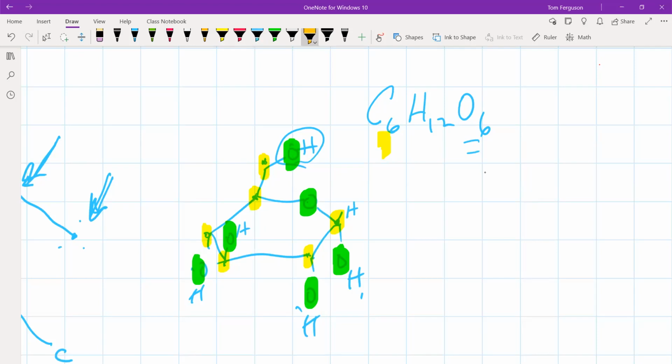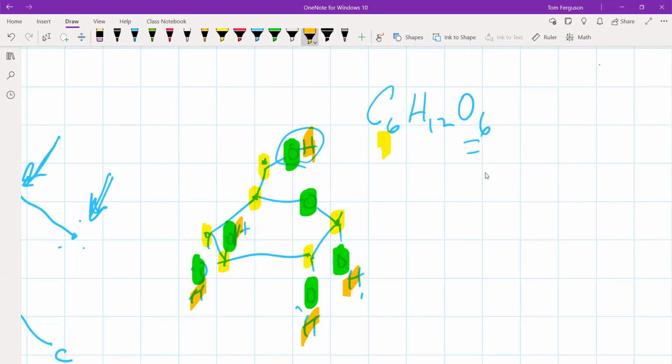Okay, so we've got now the hydrogens that are showing, except for this one here. The hydrogens that are showing are only attached to non-carbon atoms, in this case, oxygens. So how many hydrogens do we have attached to non-carbon atoms? Here we have 1, 2, 3, 4, 5 of the 12.